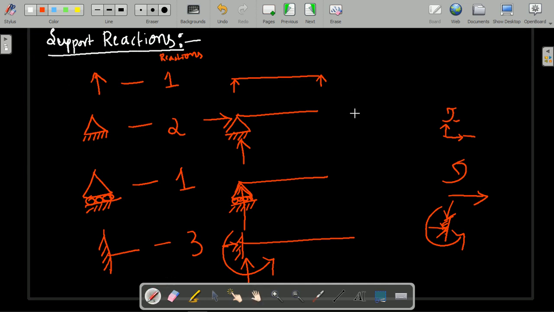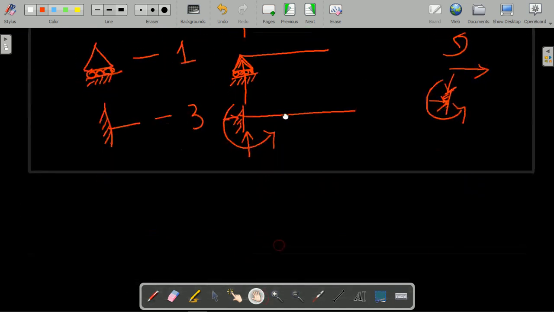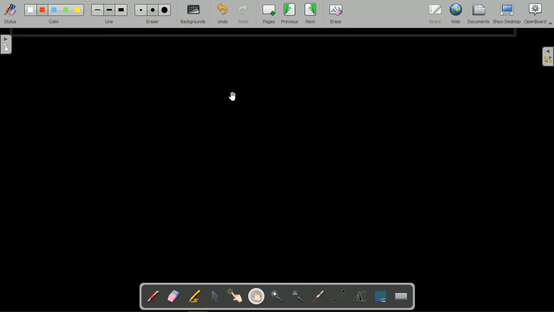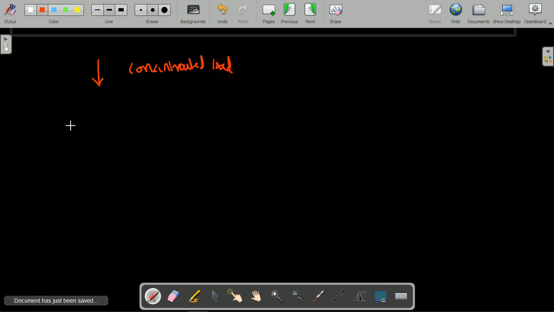And along with this, there are some types of loads we use while solving the problems. We have 3 types of loads. One is the concentrated load. Another type of load is the UDL, uniformly distributed load.